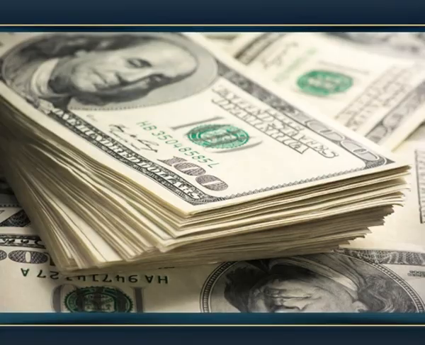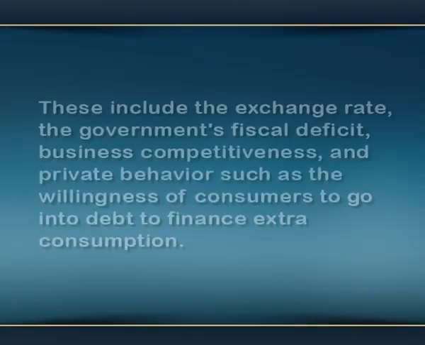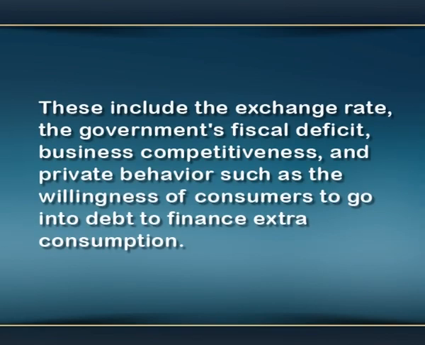There are conflicting views as to the primary cause of BOP imbalances, with much attention on the US, which currently has by far the biggest deficit. The conventional view is that current account factors are the primary cause. These include the exchange rate, the government's fiscal deficit, businesses' competitiveness, and private behavior such as the willingness of the consumer to go into debt to finance extra consumption.